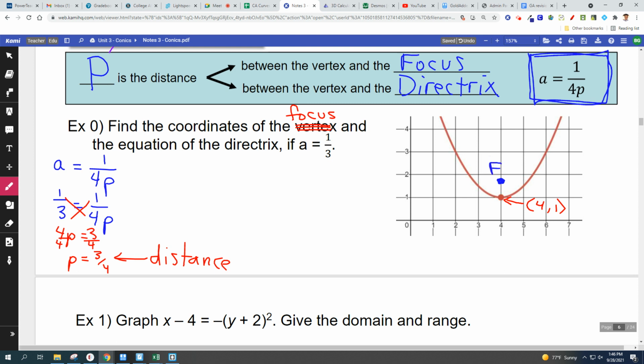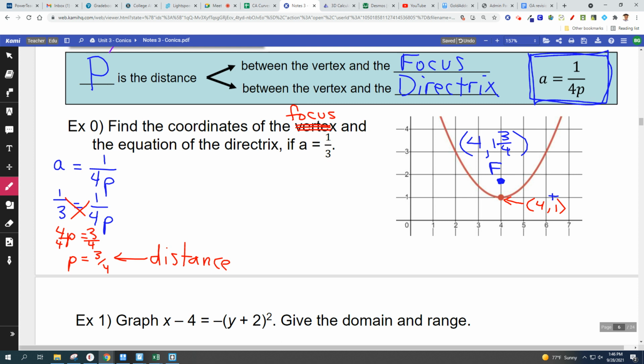That's the focus point. And the coordinates, well, it looks like I went up. So just take that 1 and add 3/4. The focus is going to be 4, 1 and 3/4. Now, sometimes it gets different, like MyMathLab or something wouldn't want mixed numbers, so they would say 7/4.